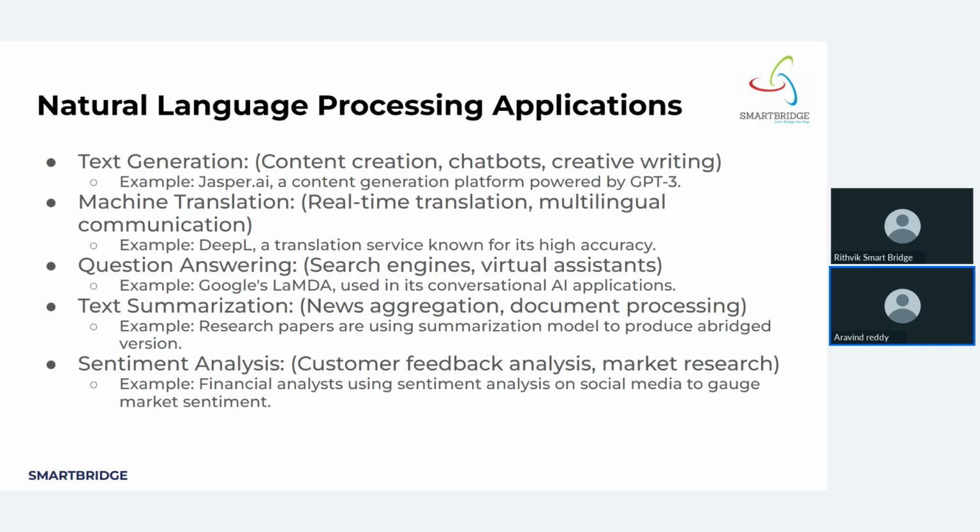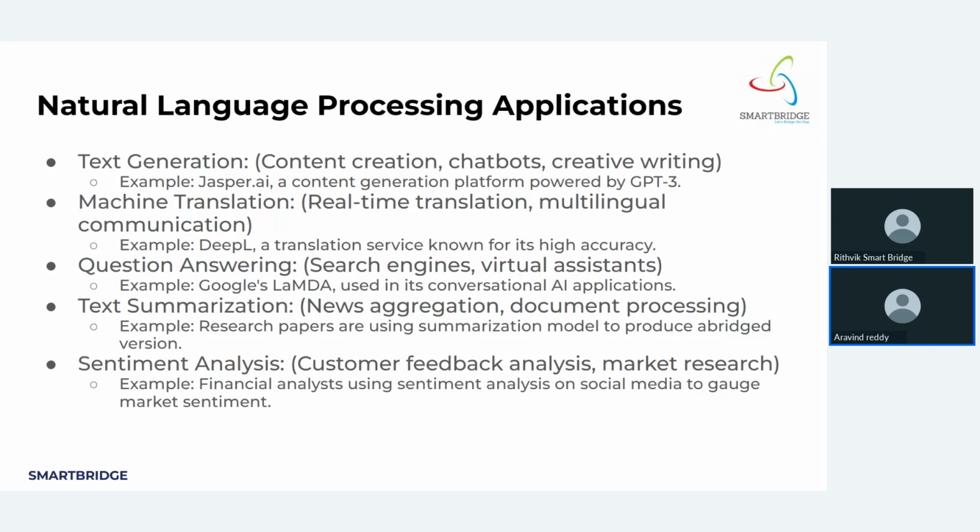Coming to NLP applications. What will these NLP applications do? Generally, NLP is used specifically for text, right? In that, text generation means content creation, chatbots, and creative writing. We have a lot of examples of these things, right?